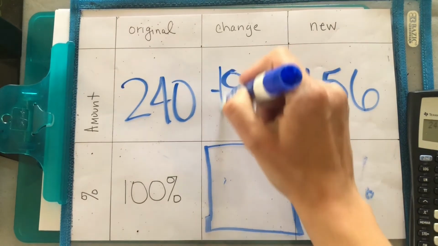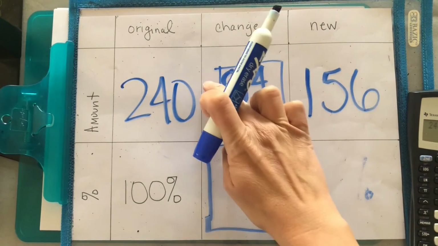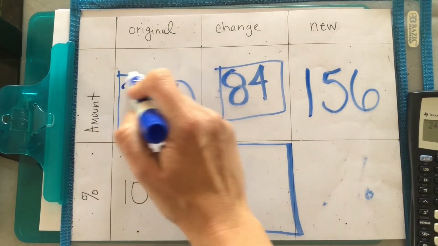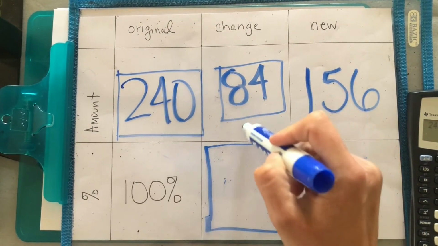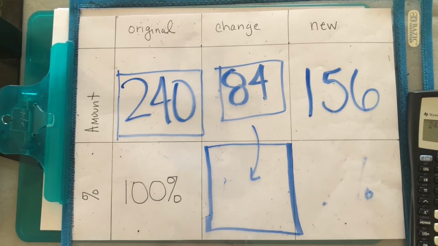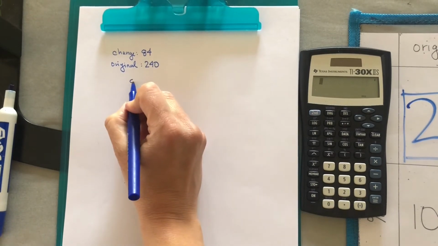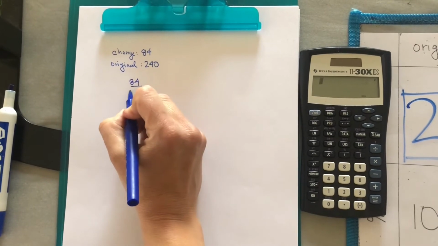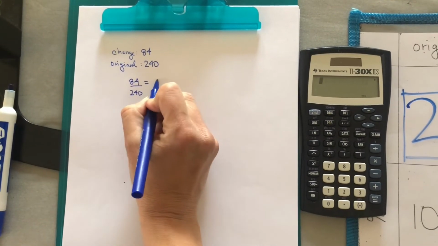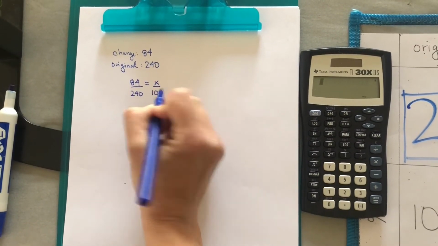So now that I know the amount of change, $84, and the original amount, $240, I can use that to calculate the percent of change. So if you're the type that prefers the proportion method, you might set up the proportion like this. The change over the original is some percent out of 100.